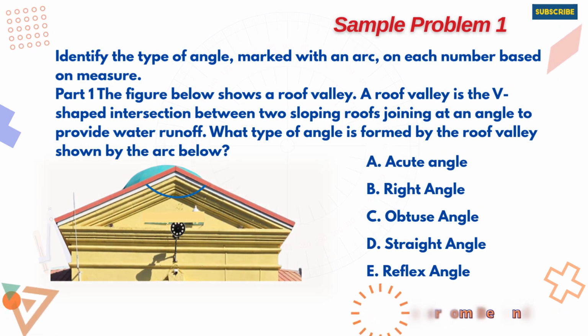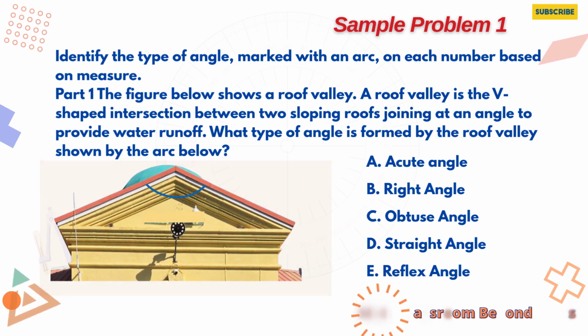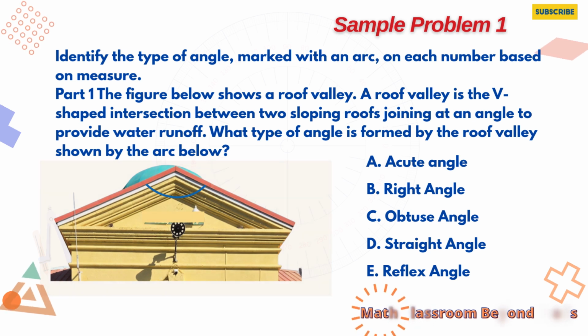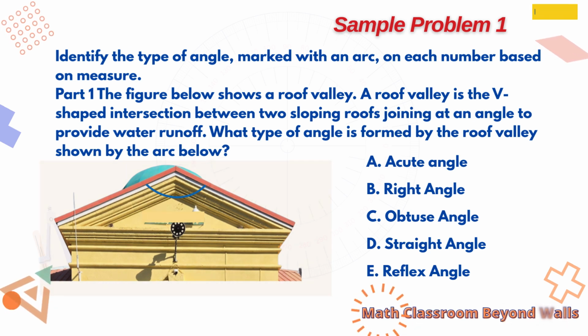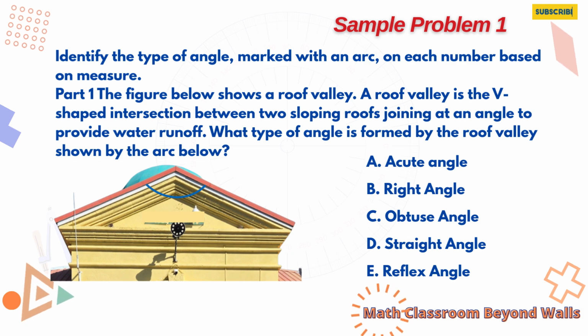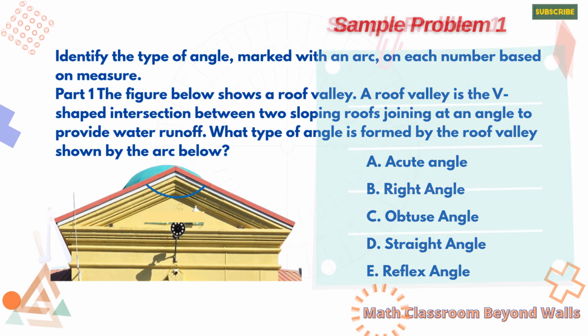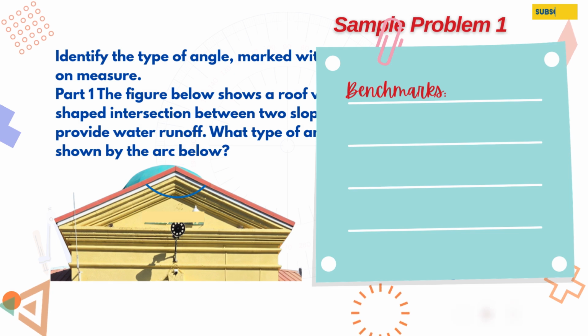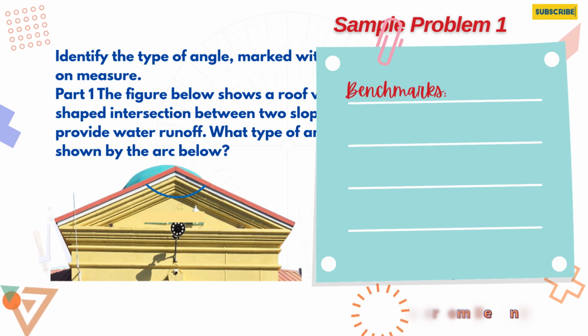What is given? A photograph of the intersection between 2 sloping roofs showing an angle marked with an arc is given. To answer the question, we have to recall the different types of angles together with our benchmarks for visualizing the size of the angles.